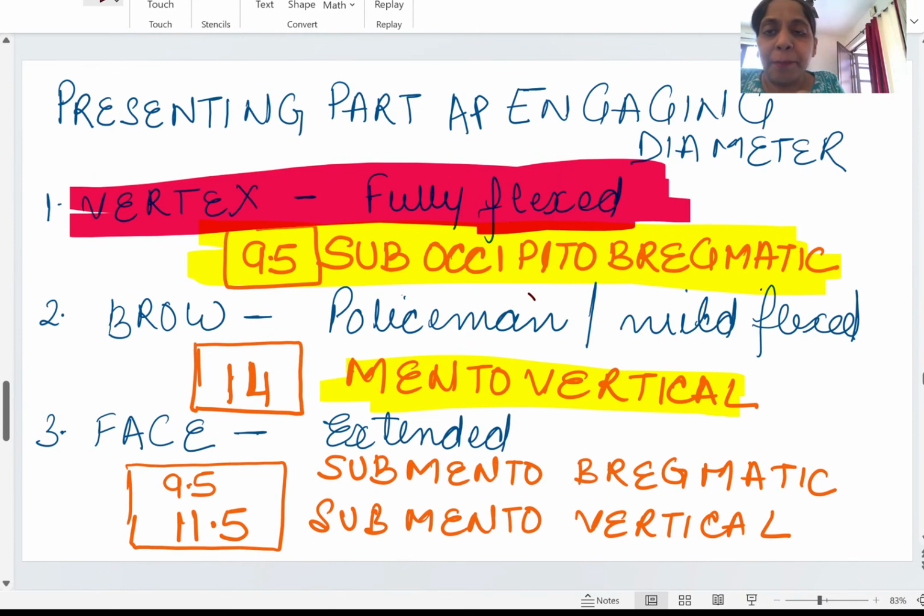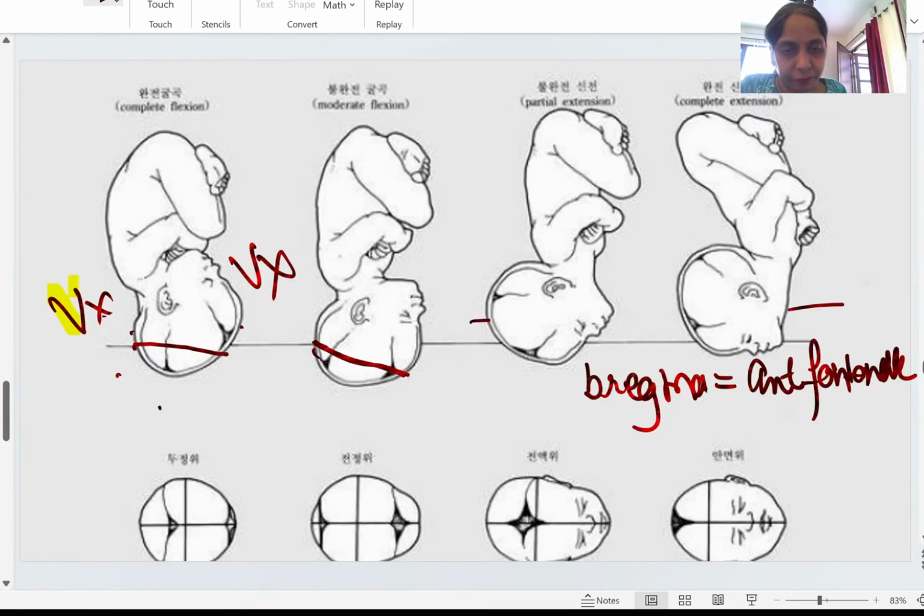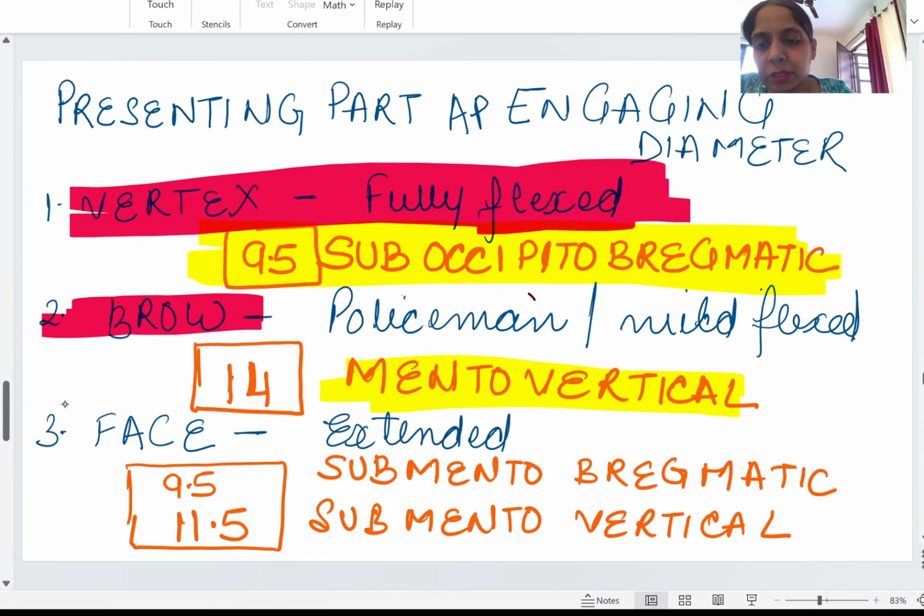In the brow, it is maximum: the mento-vertical diameter. The largest diameter of the fetal head is in the brow. That is why we don't do normal delivery in brow.